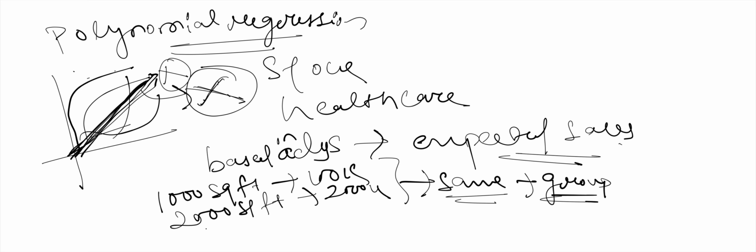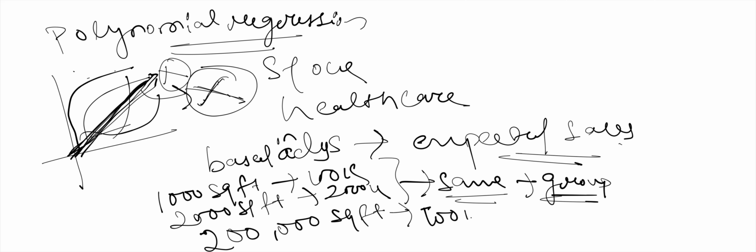But suppose something weird happened, like 2 lakh square feet, and its price is just 100K, for example. That's an outlier, right?